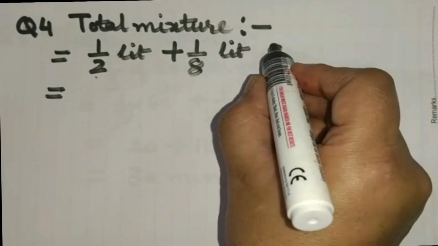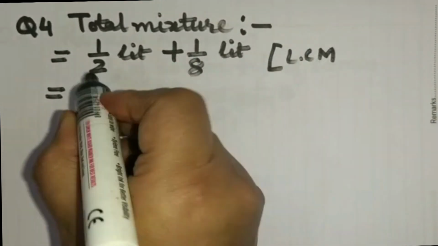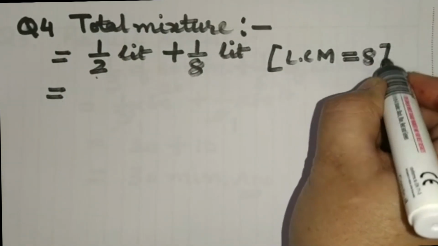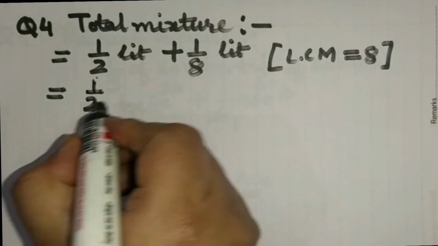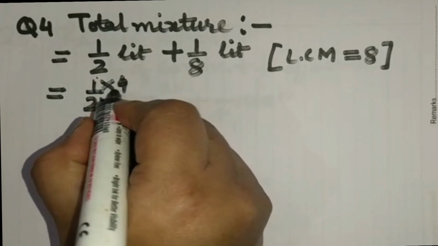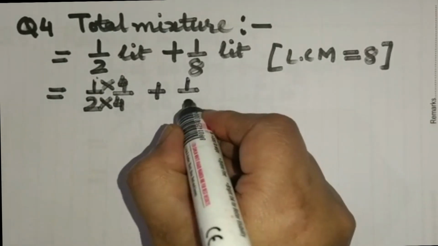So the LCM of 2 and 8 is 8. 1 upon 2. The denominator is 2. 2 fours are 8. So it means 4 upon 4 plus 1 upon 8.